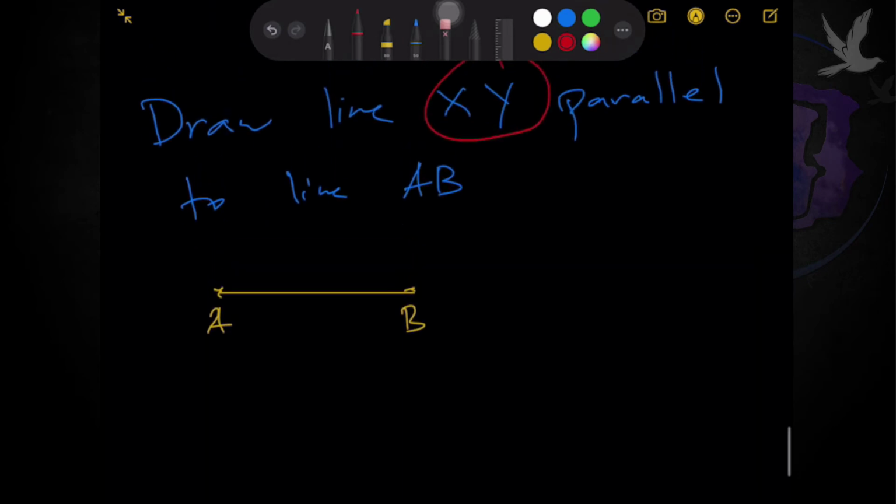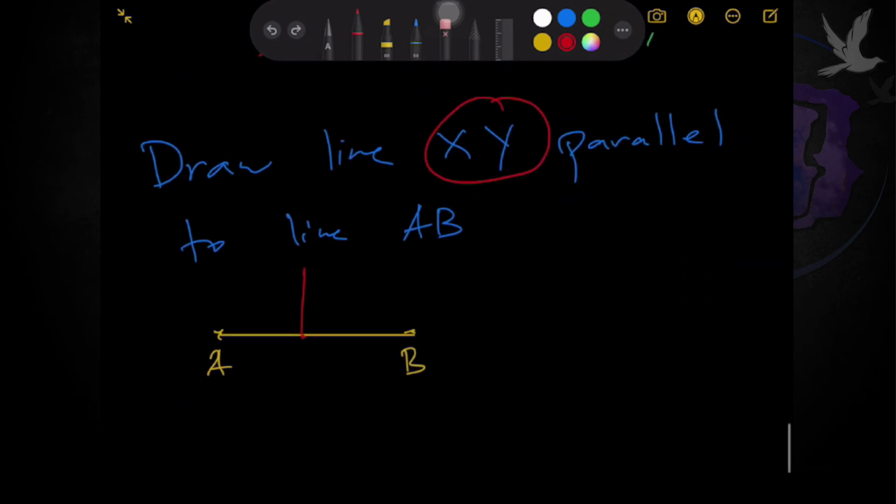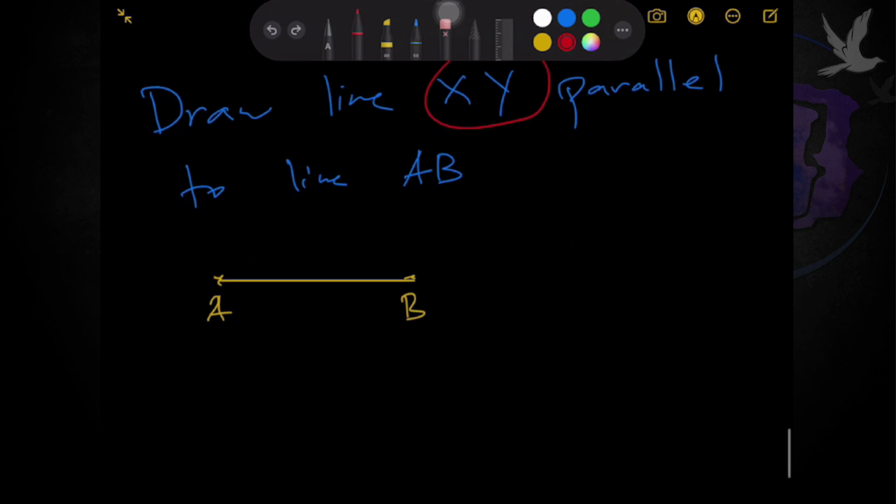So, paano nyo ito-draw? Are you going to draw it this way? No. Wrong. Kasi, bakit yun wrong? Basically, because it's perpendicular. Hindi siya parallel. Diba? Parallel nga, kailangan hindi mag-meet sila. So, am I going to draw it this way, Teacher Mark? No. Yes, it is a straight line, but the problem is, this line, if you're going to extend it, will cross paths with line AB.